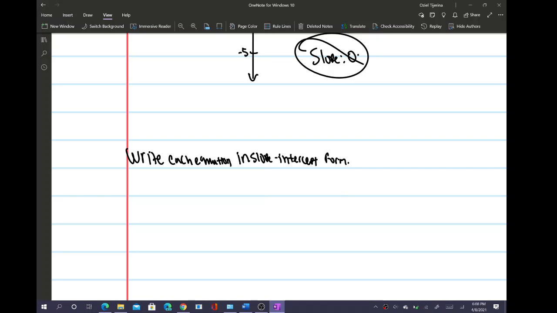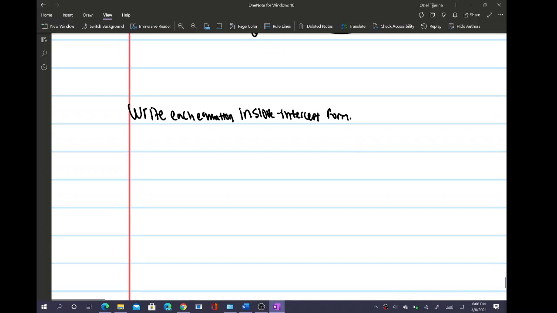Okay, so this one, we're going to write each equation in slope-intercept form. Number 1, 2x plus 3y equals 1, right? We want to write it in slope-intercept form. That's of the form y equals mx plus b. So we basically want to solve for y, okay?